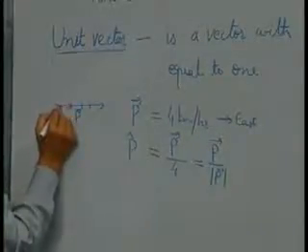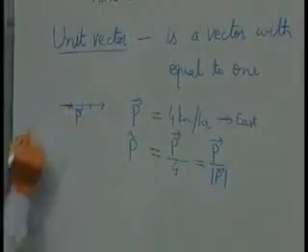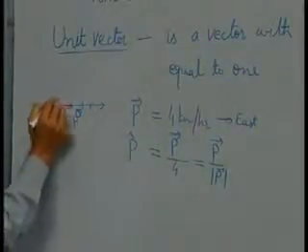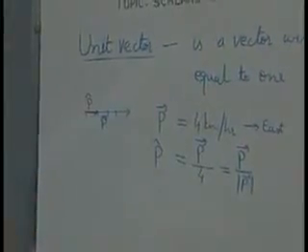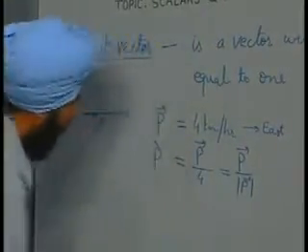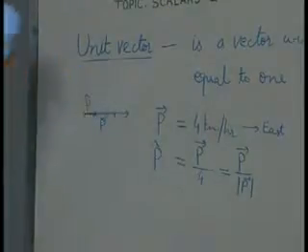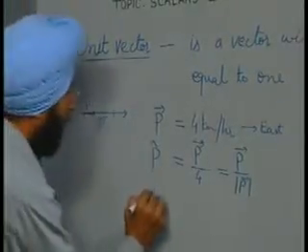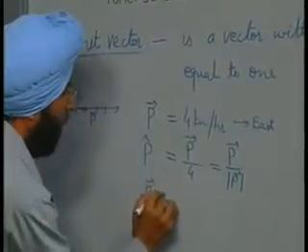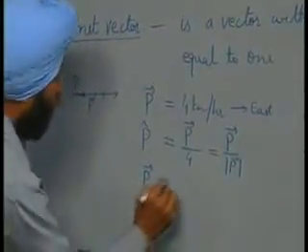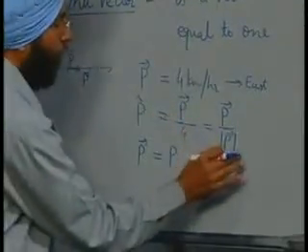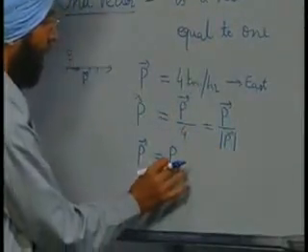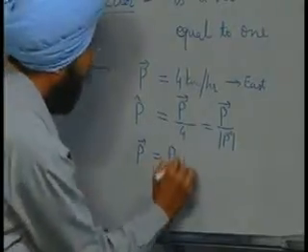This vector with unit magnitude and same direction as that of P is P unit vector. So, we have P vector is equal to magnitude of P, which we can represent by a simple letter, multiplied with P unit vector.